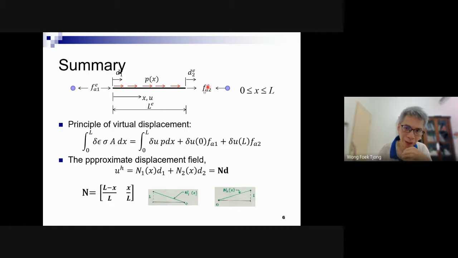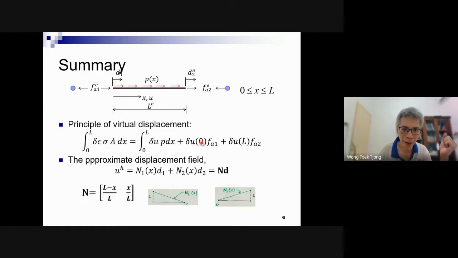So this is a kind of balancing force that comes from the interaction with neighboring elements or neighboring nodes. So this is balancing force. So the bar in the condition of static equilibrium, we can apply this principle.